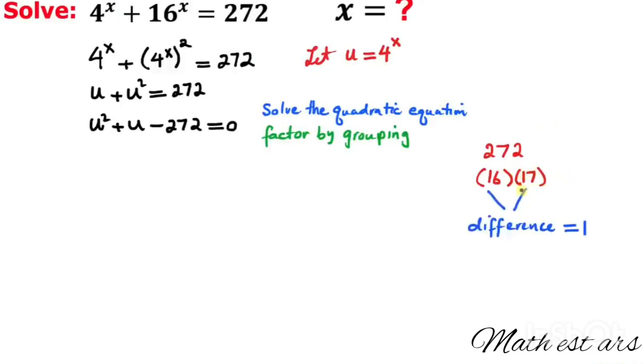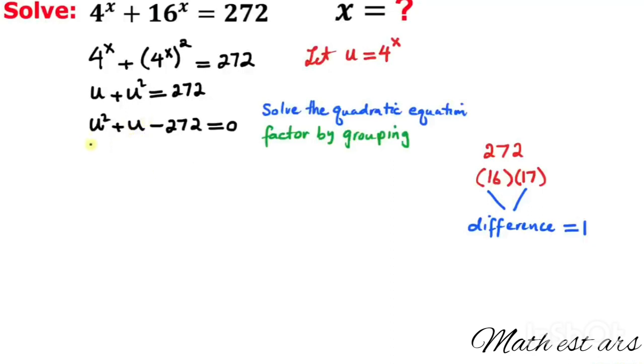We can also see the difference between these two numbers, 16 and 17, is 1. So I can replace this 1u as -16u + 17u, that is equal to 1u.